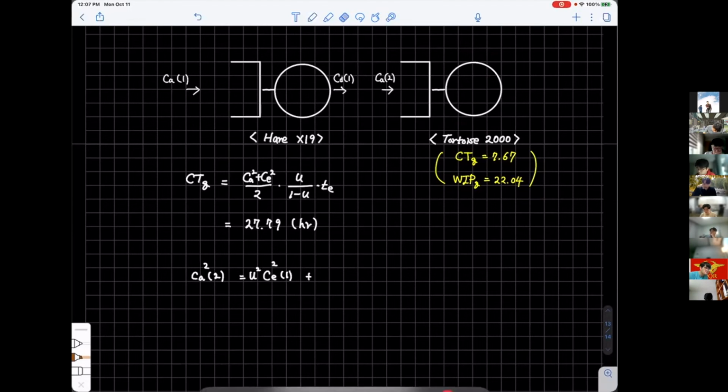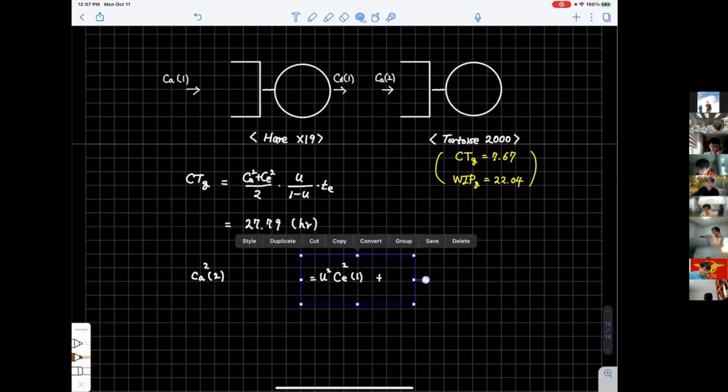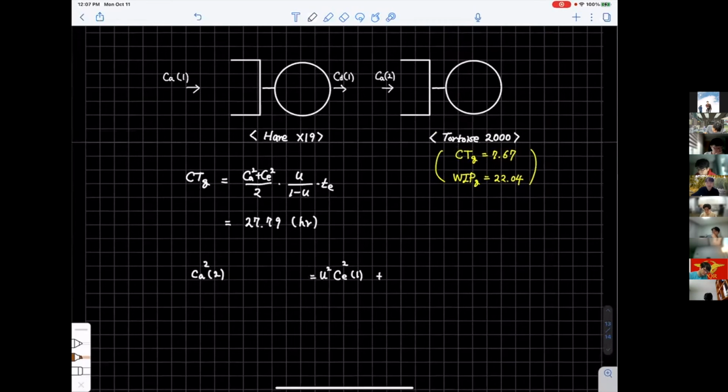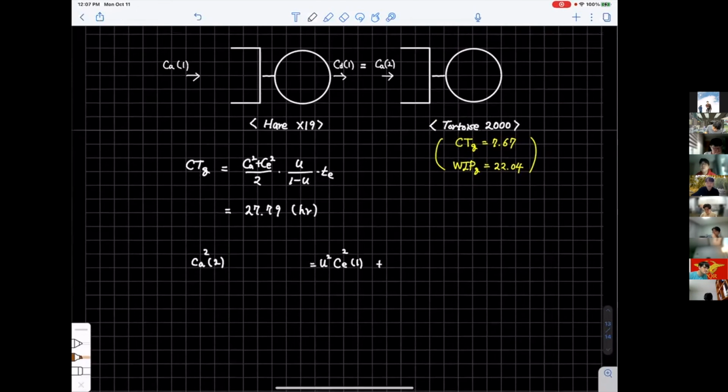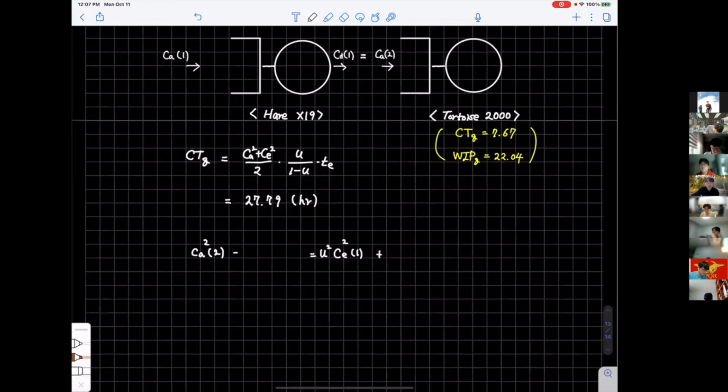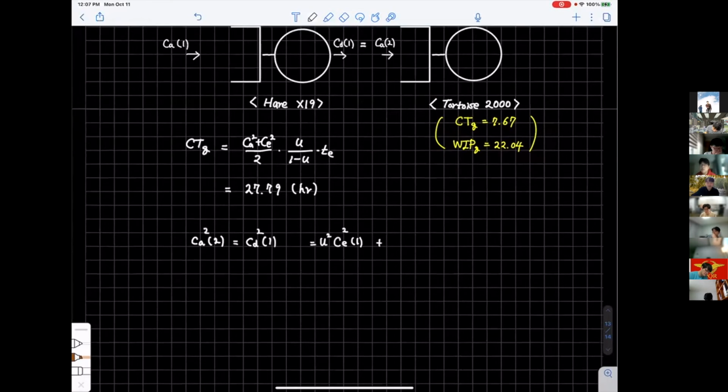so we have to... this will be the same as the departure CV of the hair X19, like this.